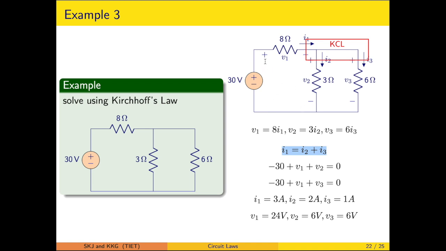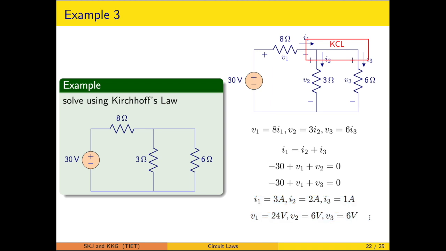The same has to hold true for this path, because that is a closed path, another loop. So you will have 3 relations using Ohm's law, 1 relation using the KCL, and 2 relations pertaining to the KVL. You solve these 6 relations by elimination of variables, and the final value can be obtained likewise.